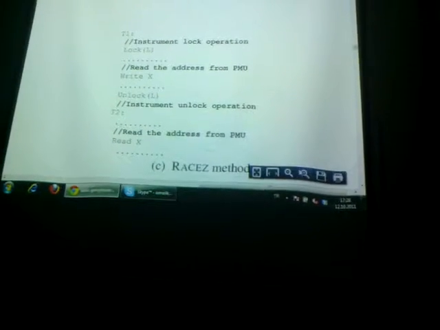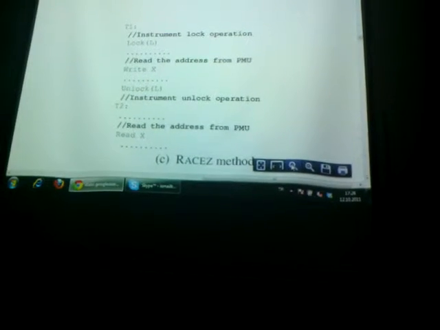And because synchronization calls are not so frequent, I mean, reading and writing operations are so frequent, having instrumentation calls for all reads and writes is a big overhead. So they thought that we can handle it with hardware.